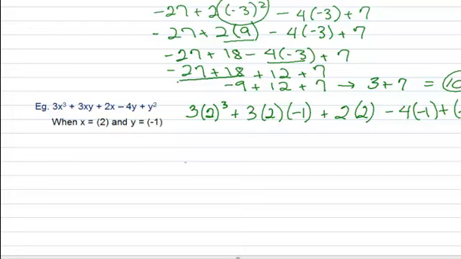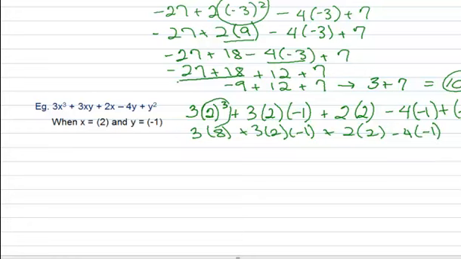And now we're just going to go through and do order of operations. So I'm going to do this first. So I've got my little cube. So I've got 3 times 2 cubed is 8. You'll notice I'm bringing everything else down.